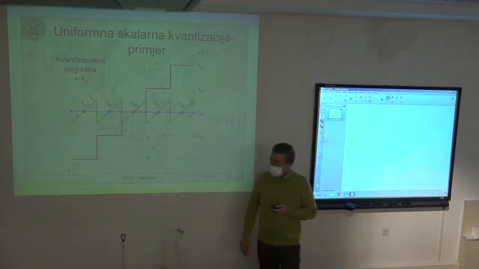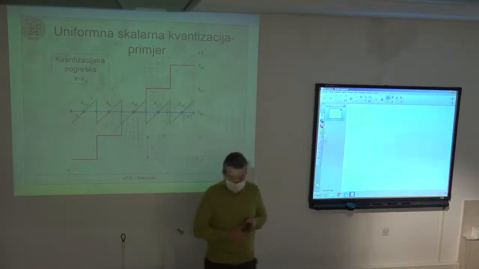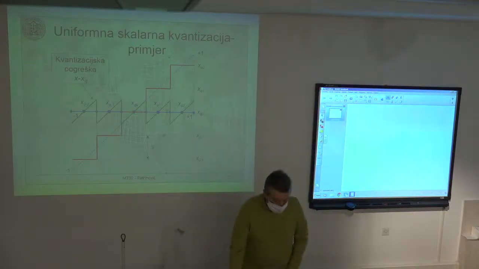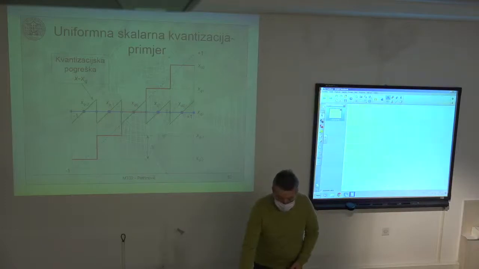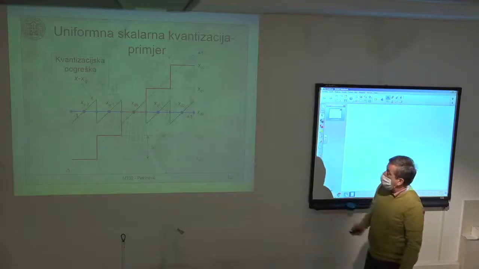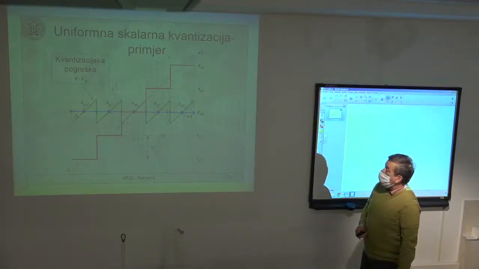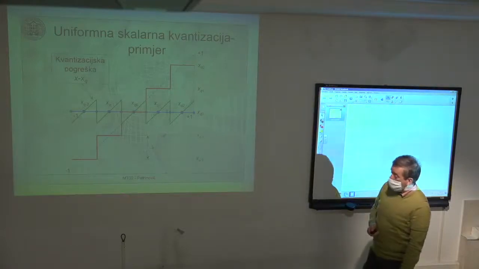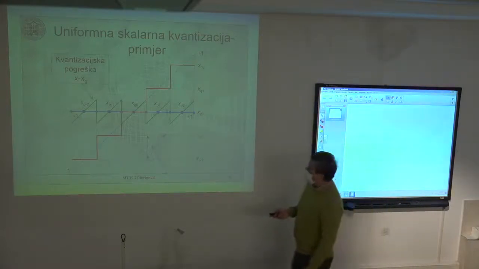Okay, then going further back to the last topic that we have covered. In the last lectures, we derived the final expression that relates the output rate, the entropy of the output indices of the quantizer, with the distortion.